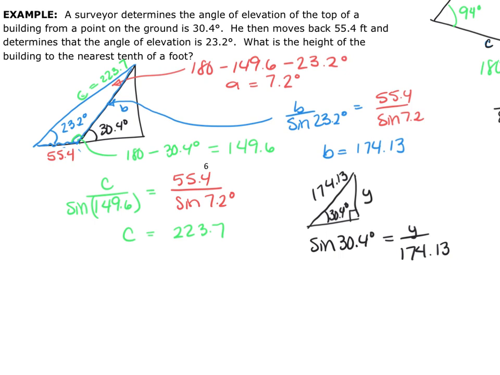And so my y value, the height of my building, is just simply going to be the sine of 30.4 multiplied by that 174.13, and the height of my building, y, my final answer, is 88.11 feet. And there it is.